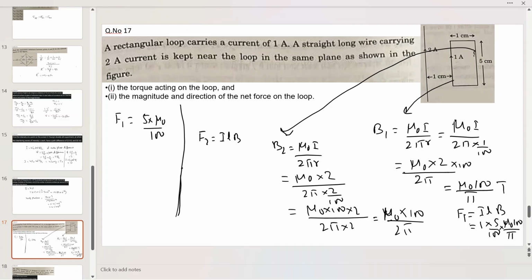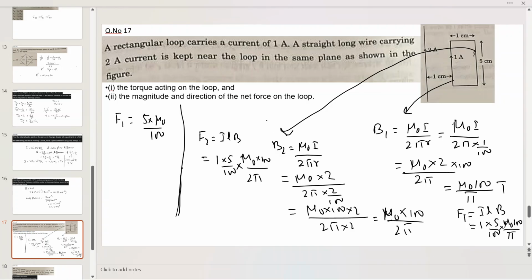Again at 90 degrees, the magnetic field will be perpendicular to this length, so it is IL cross B. Here I is 1 ampere current flowing through it, L is 5 by 100, and B is μ0 into 100 by 2 pi.